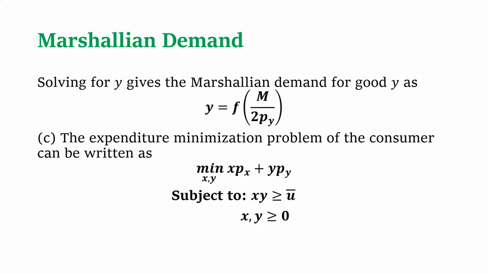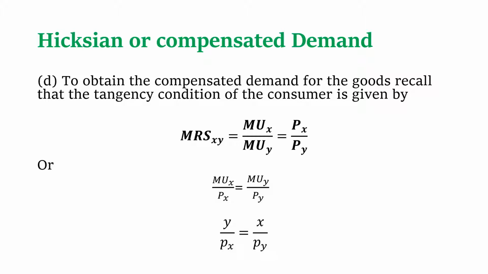And we consume non-negative quantities of the goods, x, y greater than or equal to 0, which is referred to as the non-negativity restrictions. Okay. So that's how you obtain the demand. Remember, the demand is the optimal amount consumed, right?